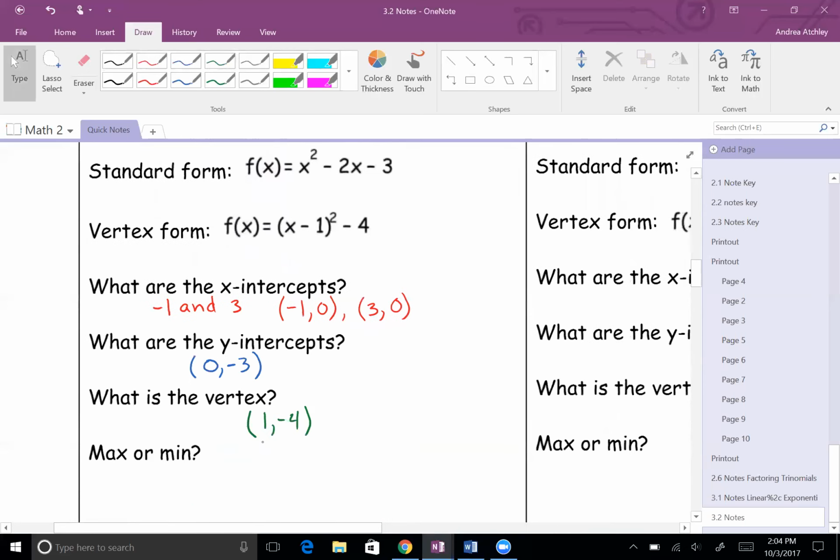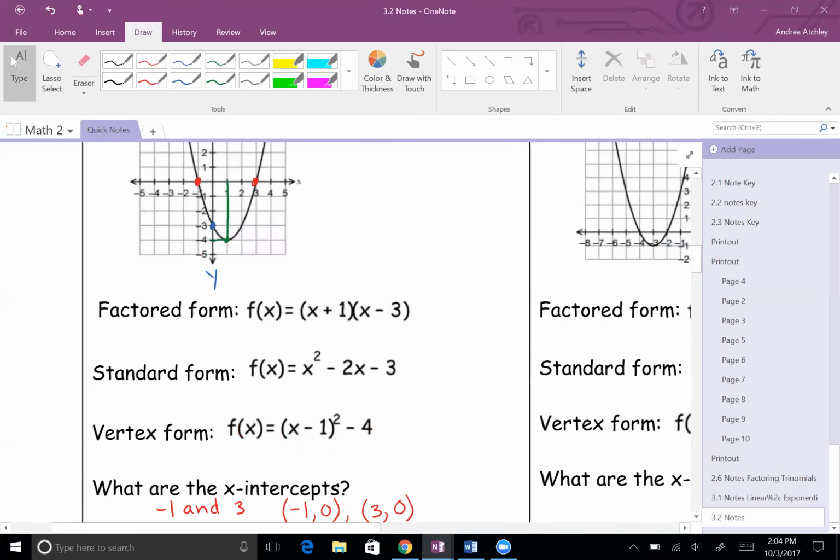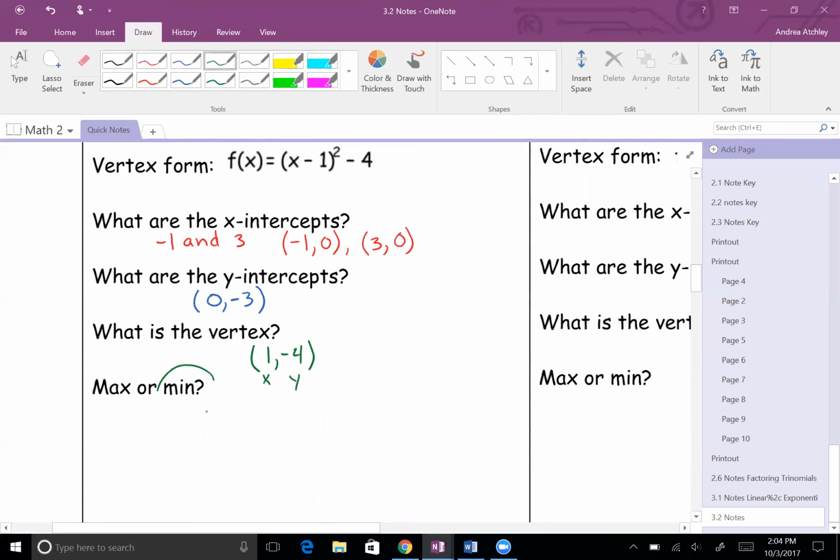So remember, when you have an ordered pair, the x comes first, alphabetical order, x then y. Now, class, is that vertex the maximum point or the minimum point? Minimum. It's the lowest point for my graph. Any questions over that?